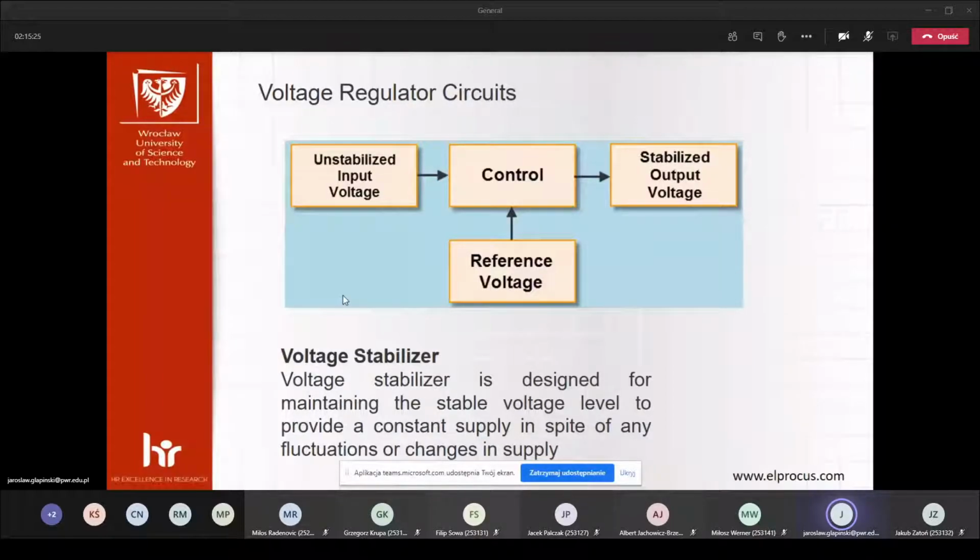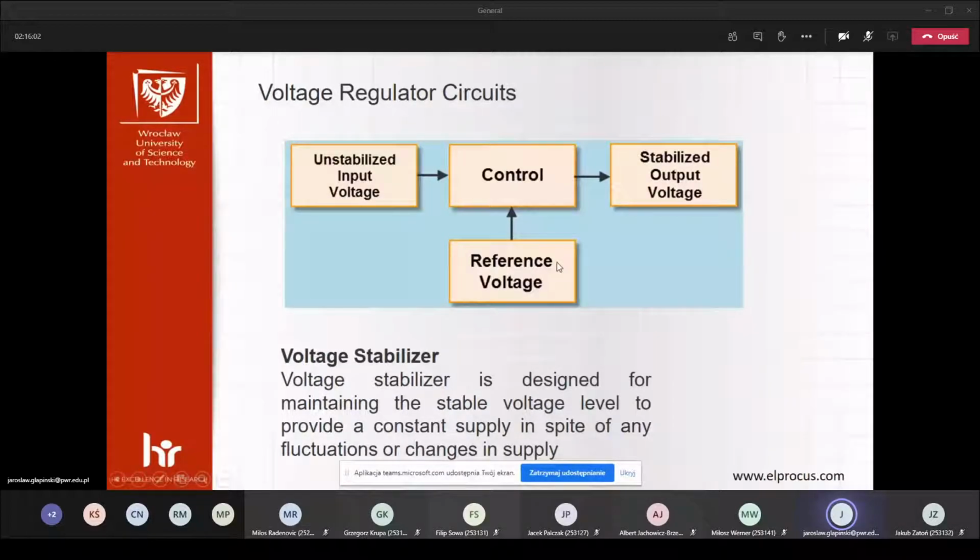But for our devices, we generally need a stabilized output, because if we use processors, amplifiers and so on, we should have stabilized output. So we've got unstabilized input voltage from sources like supercapacitors, accumulators, fuel cells, and so on. We have to do something to stabilize the output voltage.